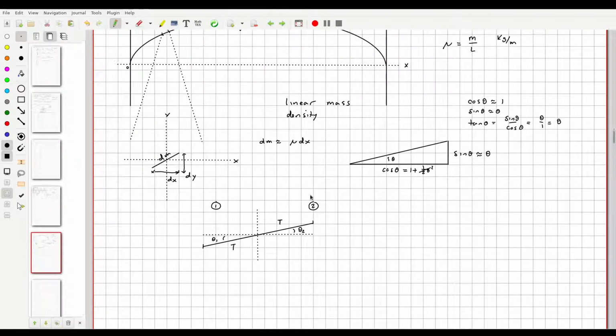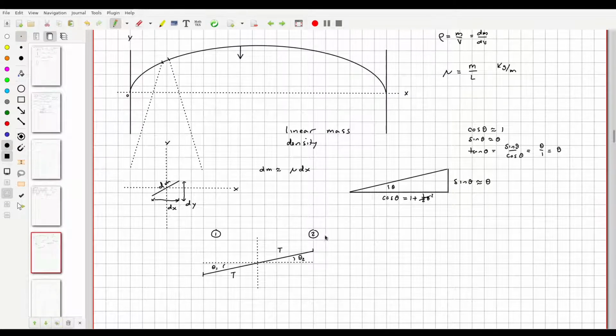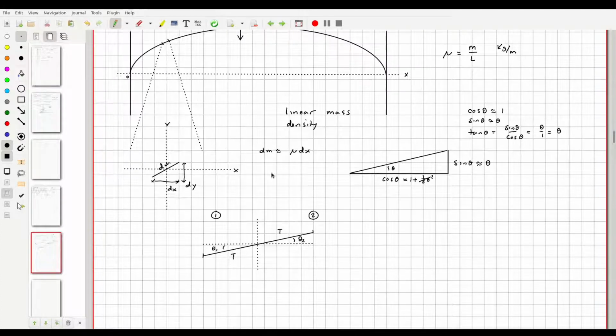Remember, we're releasing this thing and it's going down, and the string itself is not moving to the right or to the left. We're looking at the wave on this thing. The string itself is just moving up and down.